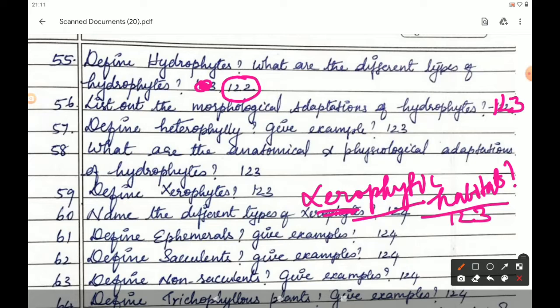In page 123, under the heading Xerophyte, two subheadings are given: physical dryness and physiological dryness. Above that, one line is given: xerophytic habitat can be of two different types. First is physical dryness.